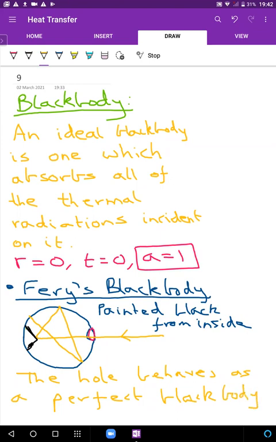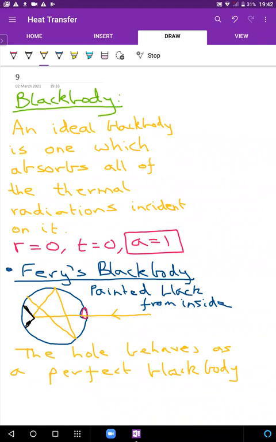It's just the hole which behaves as a perfect black body. Yeah, the probability of the light coming back out is negligible.